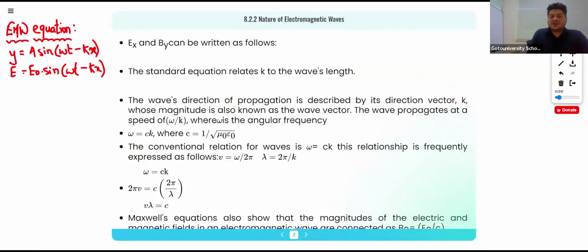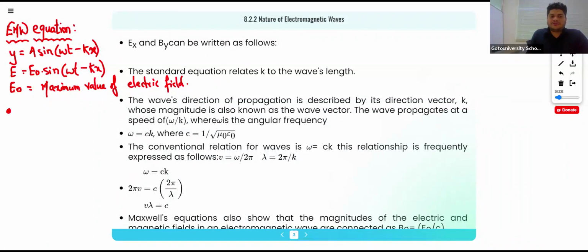What is E naught? E naught is the magnitude of the electric field, or it will be known as the maximum value of the electric field.